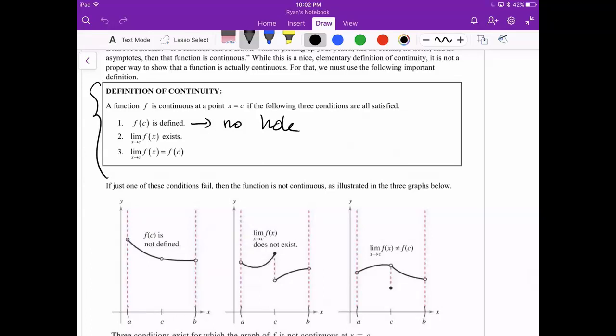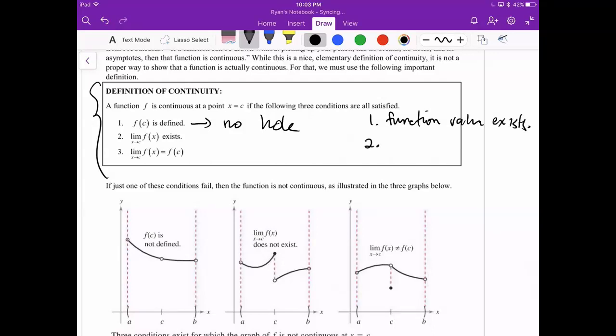I'll talk more about that in just a second. The third is that the limit as x approaches c of f of x has to equal f of c. If you want to think about it like this, the first condition says the function value is defined or exists.